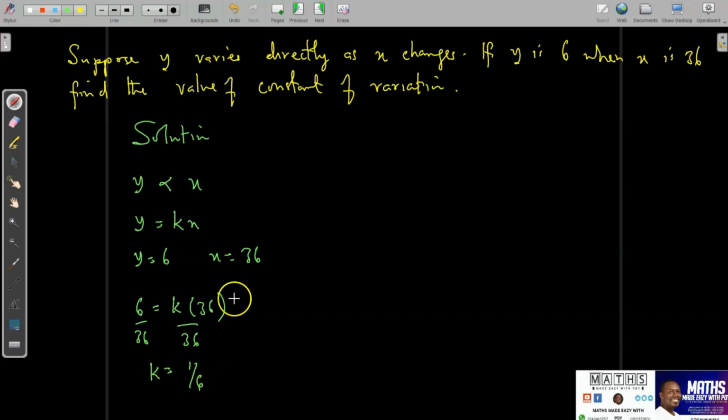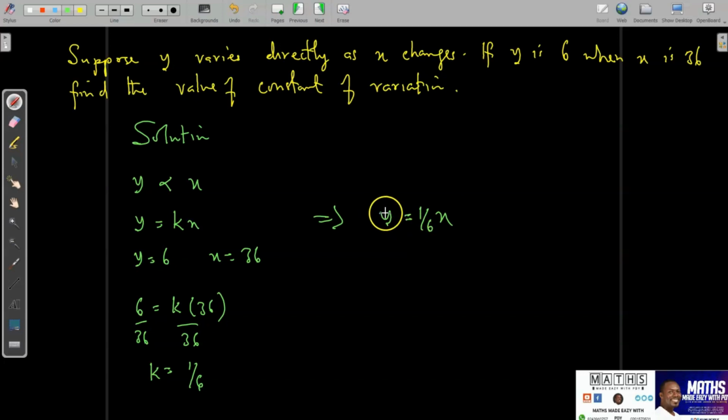So ideally, if you want to write the equation finally, for which the question did not ask for it, the relationship between y and x based on this statement here is supposed to be y is equal to 1 out of 6 of x. So the constant of variation is 1 out of 6.